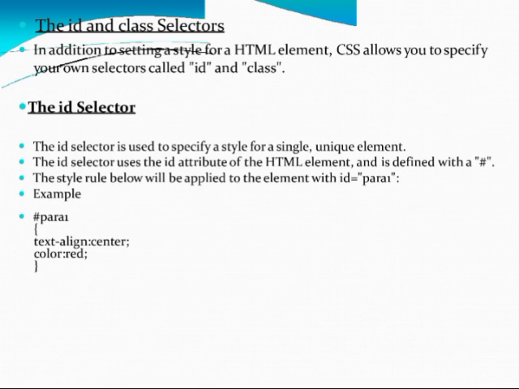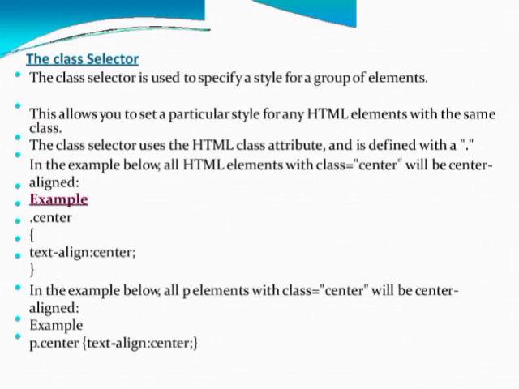Next one is the class selector. The class selector is used to specify a style for a group of elements, unlike the ID selector. Already I discussed the ID selector. The ID selector is used for a single or unique element, but the class selector is used to apply to a group of elements. This is the difference between ID and class selector. The class selector is most often used on several elements.